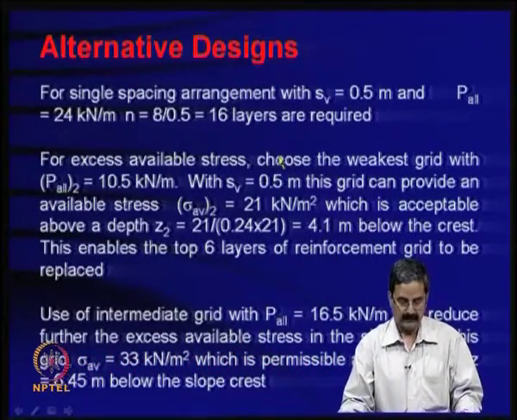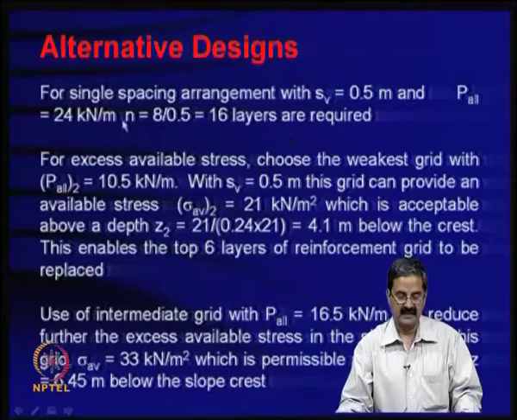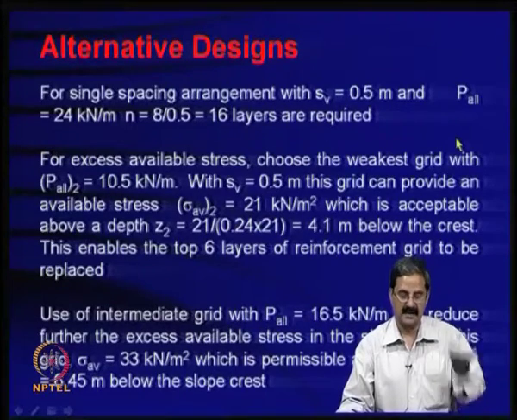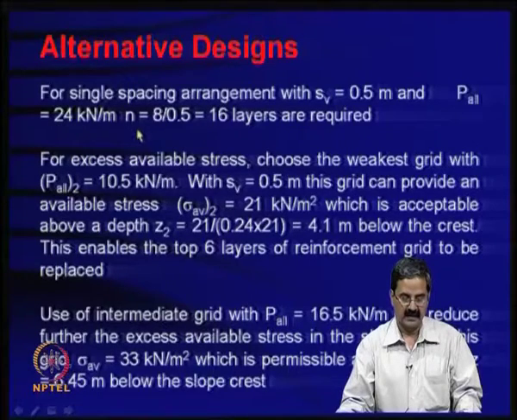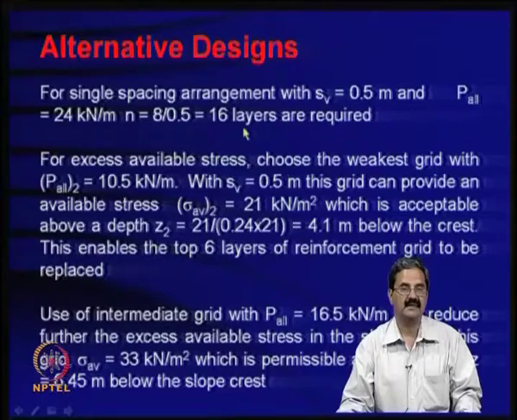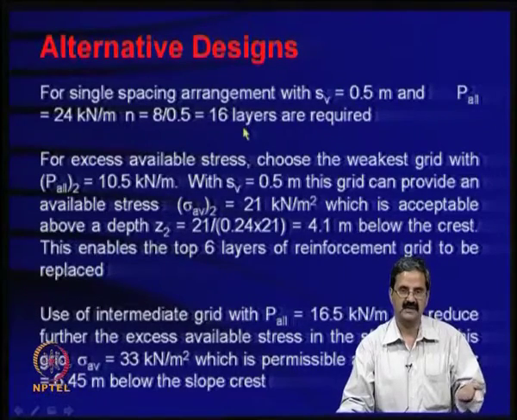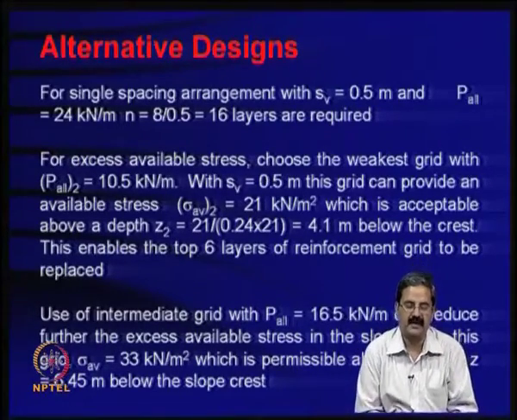Now, suppose you are going for a single reinforcement layer throughout that 8 meters level. The allowable is 24 by 24, and then you have 16 layers, at every 0.5 meters. Actually, why is the thickness 0.5?